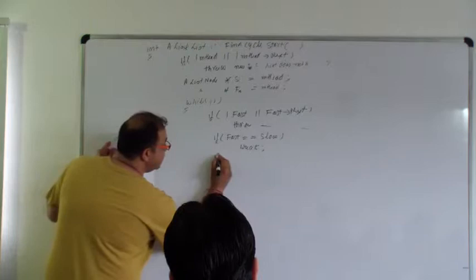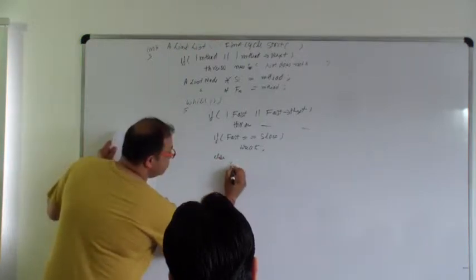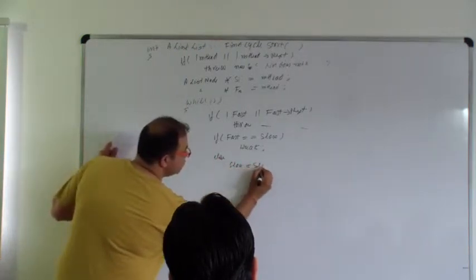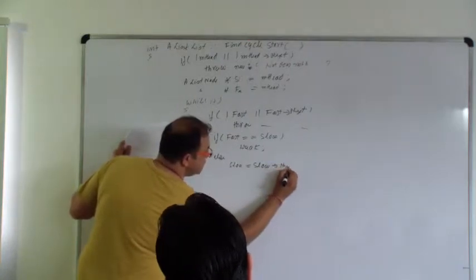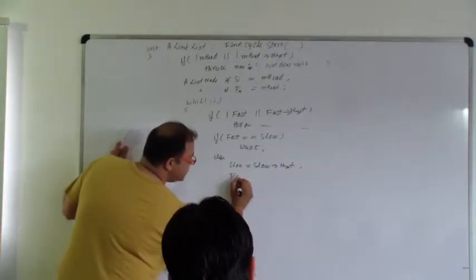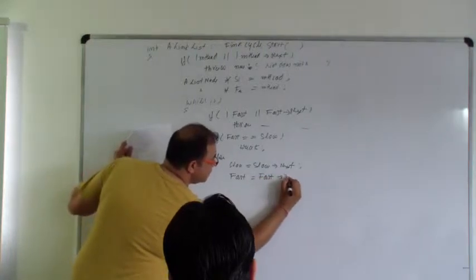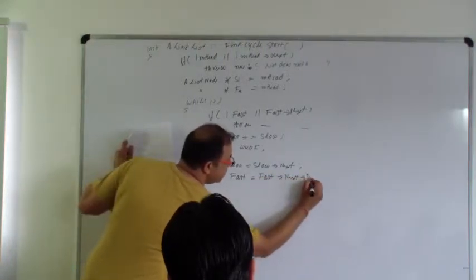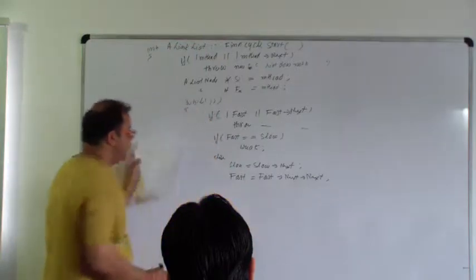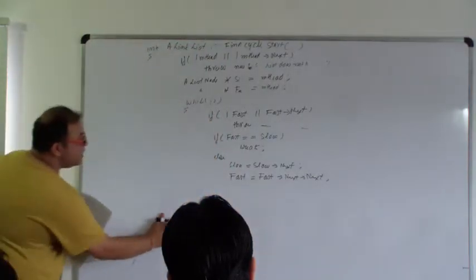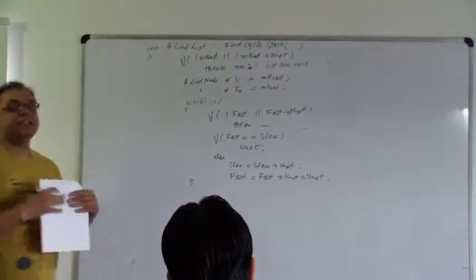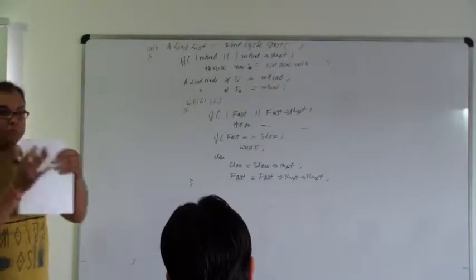Else slow is equal to slow arrow next, fast is equal to fast arrow next. Okay, so we come out of this while loop.